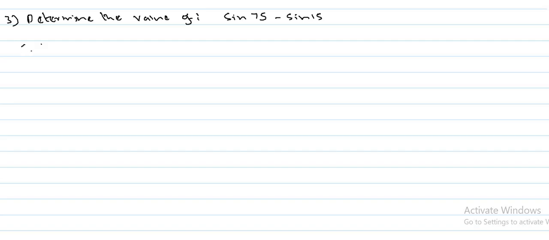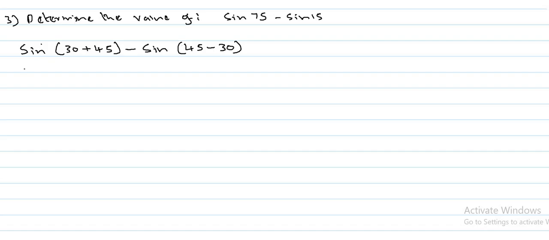This will be the same as the sine of 75, and 75 can be the same as 30 plus 45, minus sine 15, which is the same as the sine of 45 minus 30.